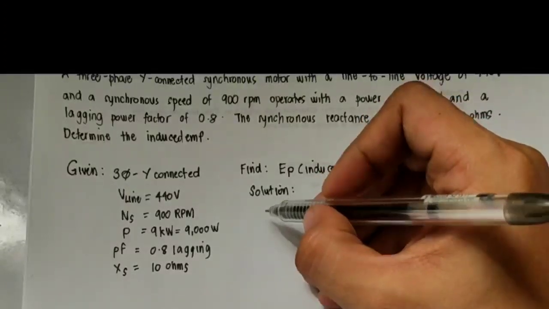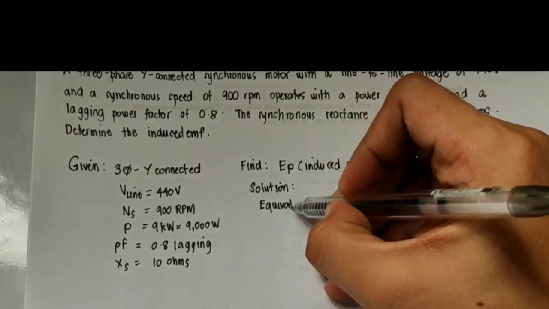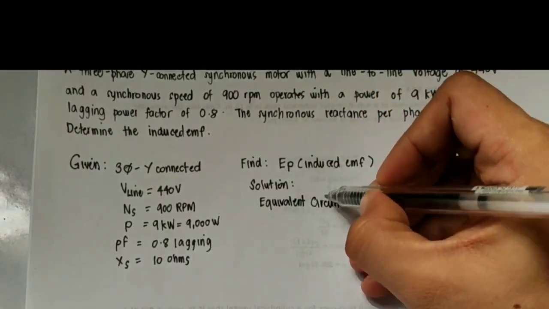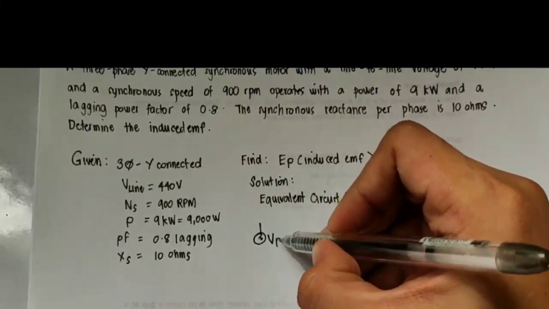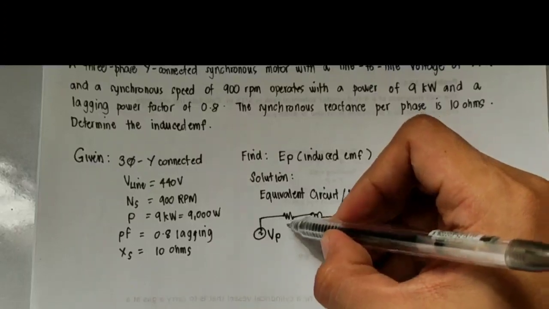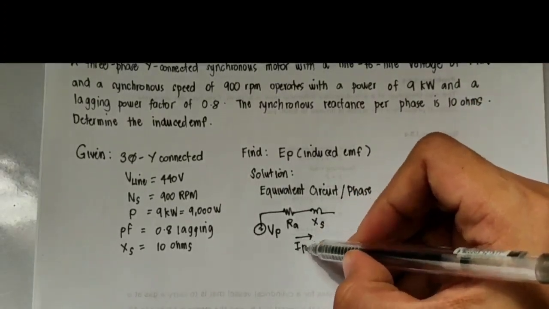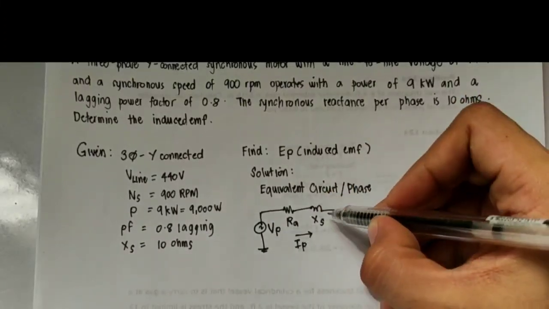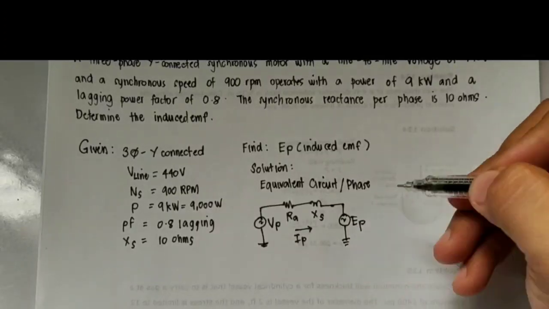Before using the formula, let's convert it into an equivalent circuit per phase. Okay, now we have this, which is our voltage source, the synchronous reactance and armature resistance. This is RA and XS. That's what we call the impedance. Then the stator current, and this is our EP, or the back EMF.